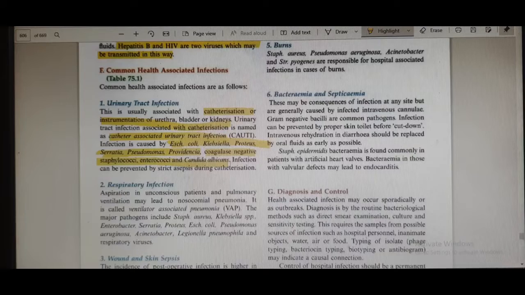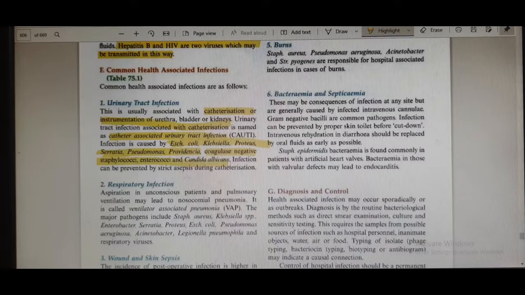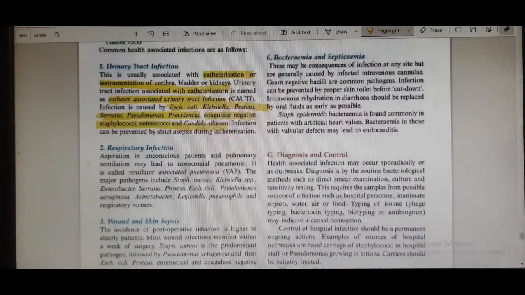The infection can be prevented by strict asepsis during catheterization. Strict sterile techniques must be adopted during catheterization, and if it isn't done properly, there are chances of getting urinary tract infections.